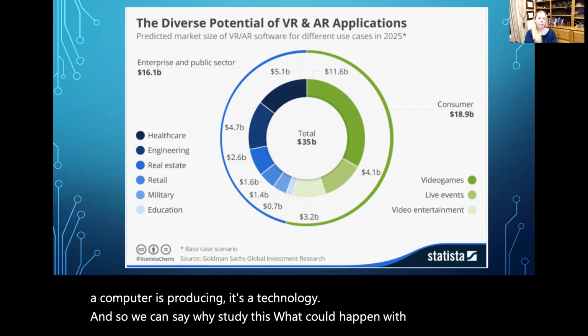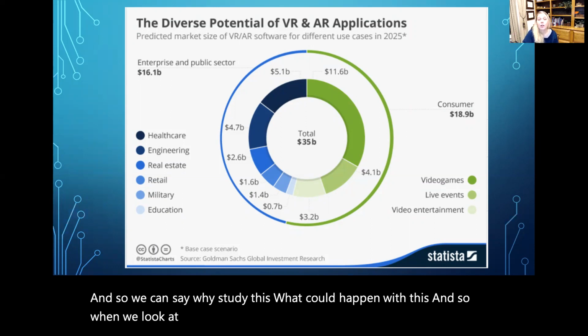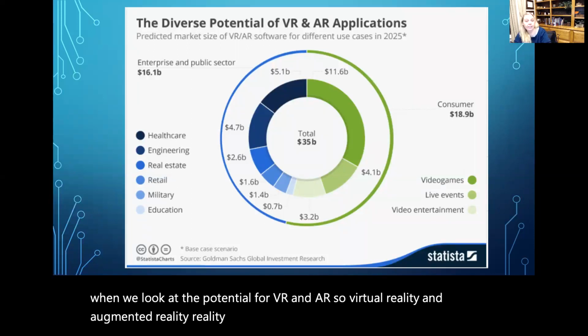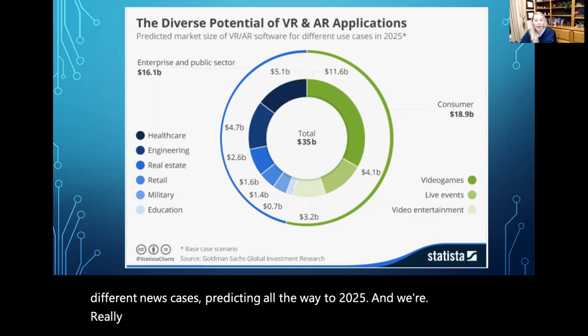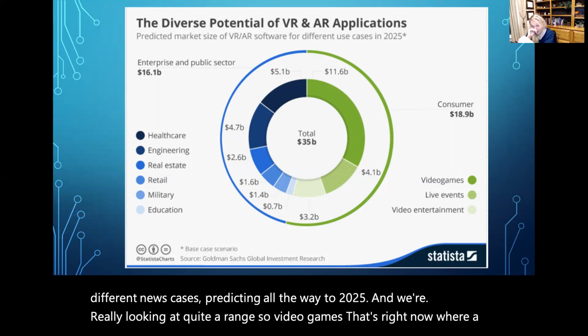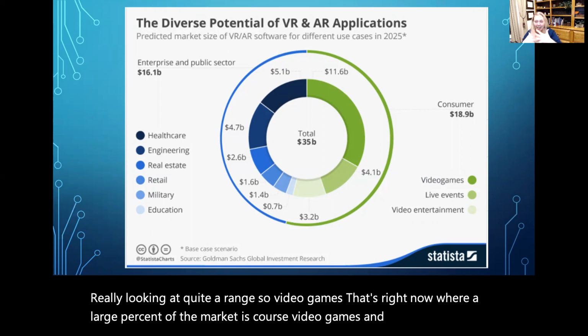When we look at the potential for VR and AR, virtual reality and augmented reality applications, they look at software and different use cases, predicting all the way to 2025, and we're really looking at quite a range. Video games are where a large percent of the market is right now, and the question is how close to real life they can make it, and how immersive.